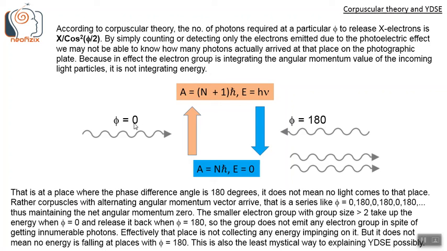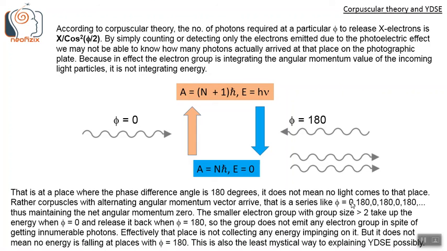Rather, corpuscles with alternate angular momentum vector arrive. That is a series like phi equals 0, 180, 0, 180. So these are the incoming photon series. Since it is coming alternately 0, 180, 0, 180, these are the kinds of angular momentum we are getting, thus maintaining the net angular momentum of that place 0.